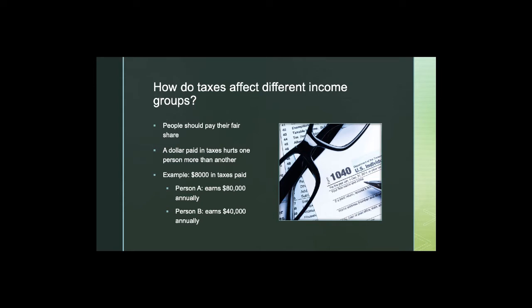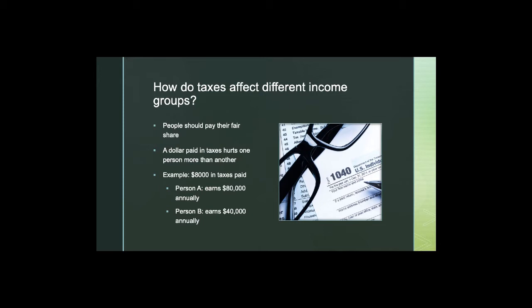And we have to acknowledge, because there's a great difference between one household and another and how much money they make, that quite frankly, depending on your situation, a dollar paid in taxes might hurt you more than somebody else, or vice versa. For example, let's say at the end of the year, two people owe $8,000 in taxes each. Well, imagine this for a second.